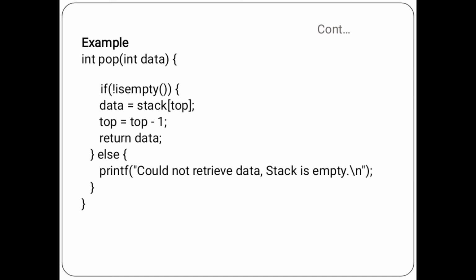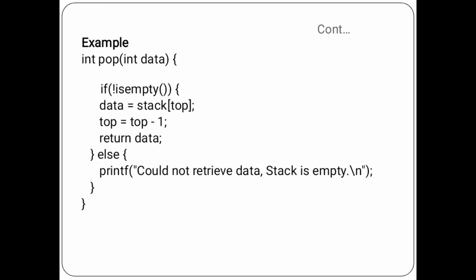Whenever the data is accessed, the top is decremented by 1, so top is equal to top minus 1, and the data will be returned. If the stack is empty, then by using the else part, it will show a message like could not retrieve data because stack is empty. This is the pop operation.